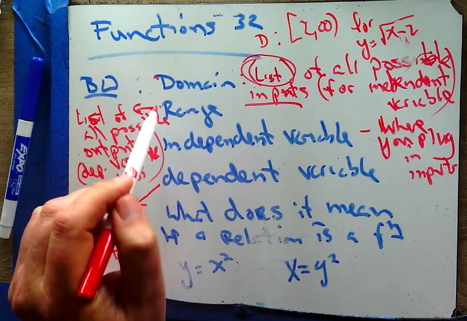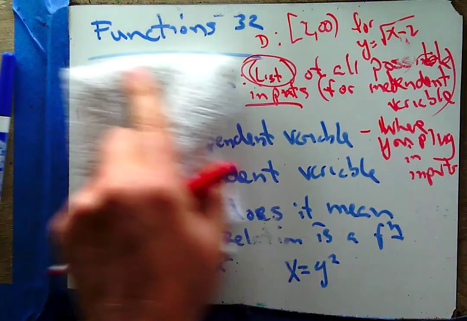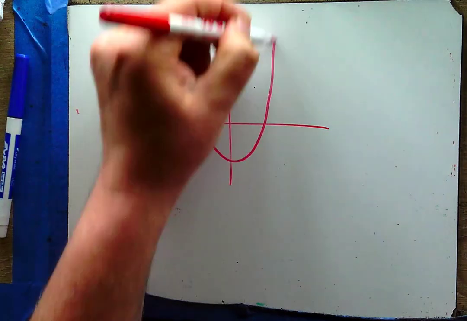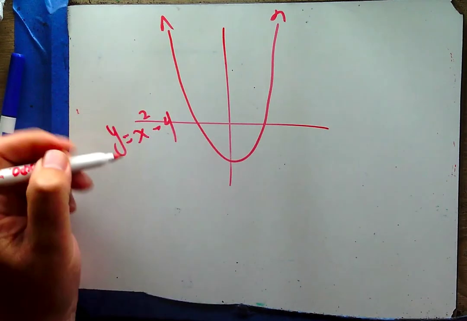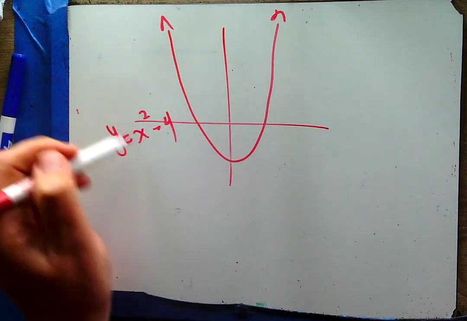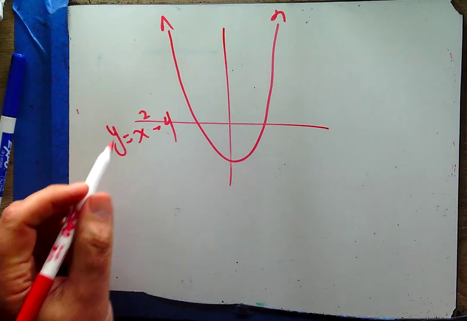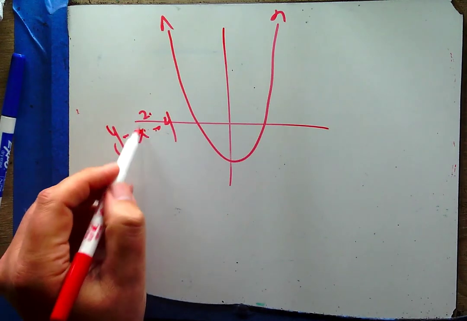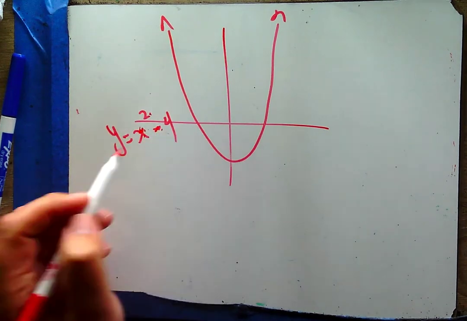The range, however, it's all the possible outputs or y values. And so when I think about this graph, for example, this is y equals x squared minus 4. Okay, so is there any restriction on any x value that I can plug in? No, I can plug in positive numbers and square them and take away 4. I can plug in 0 and square it and take away 4. I can plug in negative numbers, square them and take away 4.